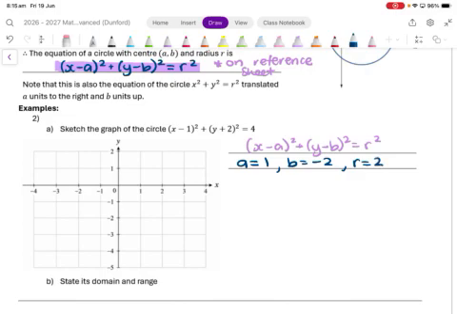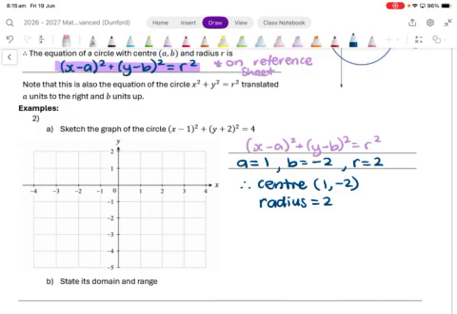So therefore, our centre is going to be at the point (1, minus 2), and our radius is equal to 2. The reason why the b value is negative is because we have a positive inside our brackets, and it's the opposite of it.